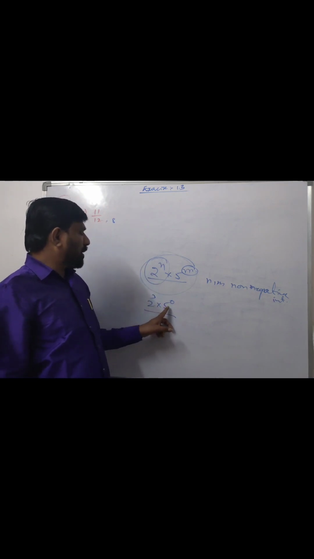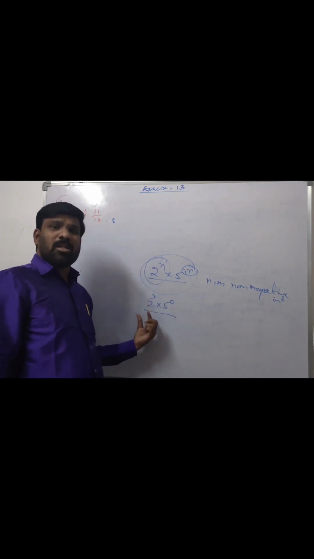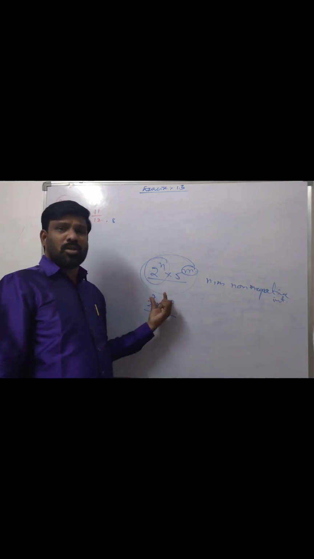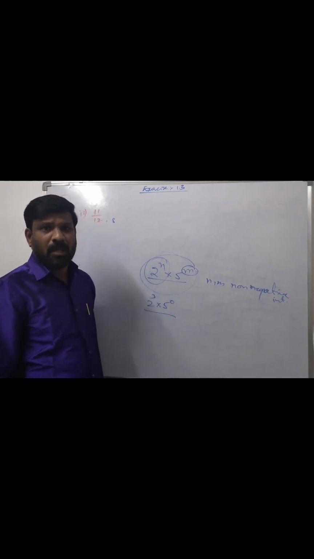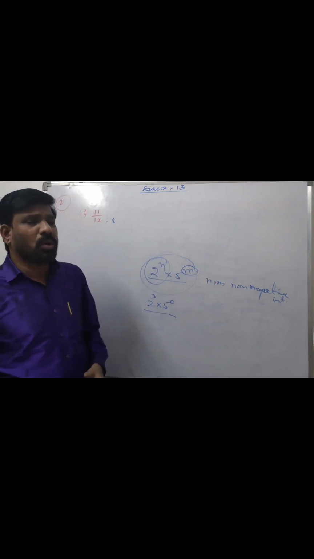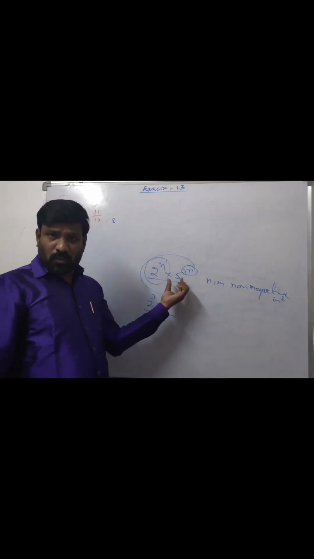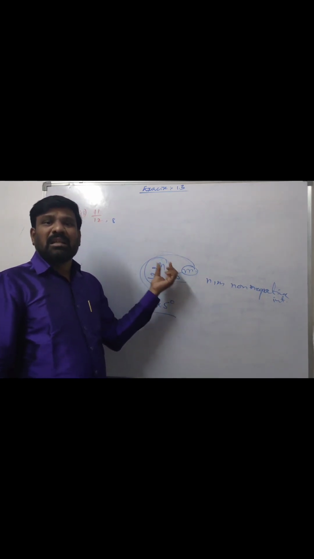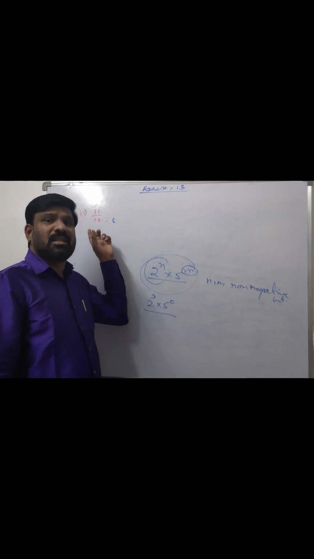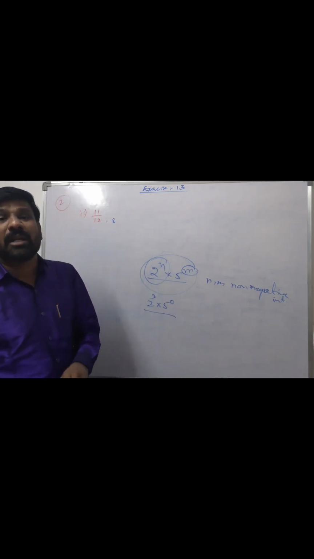So 2 cube is nothing but 2 cube into 5 power 0, or else if it is 5 square, 2 is not present, then also you can say that is 2 power 0 into 5 square. If the denominator is only in the form of 2 power n, or only in the form of 5 power m, or in the form of 2 power n into 5 power m, in all these three cases, this particular fraction will have a terminating decimal, otherwise it will have a non-terminating repeating decimal.